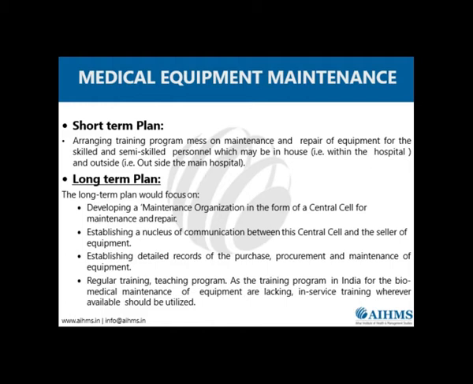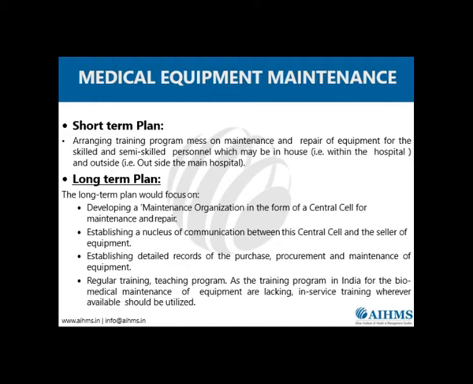So from here, there's a short term plan and there's a long term plan. As far as the short term plan is concerned, the training of the manpower is important. As far as the long term plan is concerned, you are developing a maintenance organization in the form of a central cell, which communicates with the other cells from where it is getting the information. From time to time you are keeping an updated record of the purchase, procurement and maintenance of the equipment.